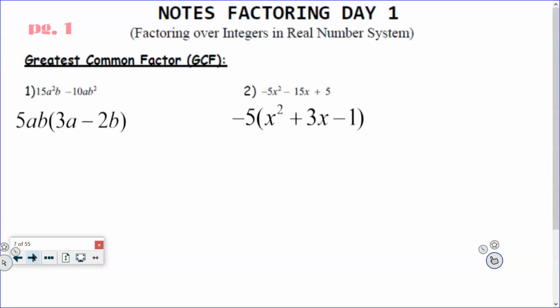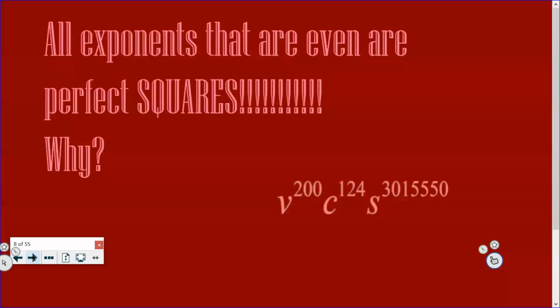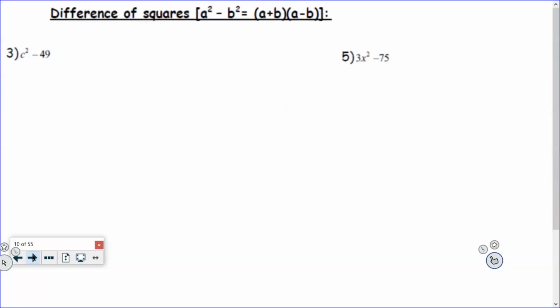Okay, so let's continue with your packet. I'm going to go back to that in a second. Let's look at this. We're going to be factoring trinomials, three terms, and then factoring a difference of two squares. Remember, with a difference of two squares you're always going to have a zero pair because you don't have a middle term.